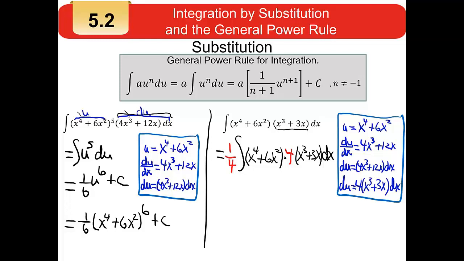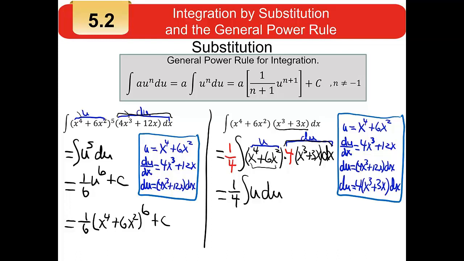But now that you have done it, you can see that you have exactly du right there, and you have u right here. So your integral turns into that 1/4, which is out front, times the integral of u, just u to the first. There's no second power, third power, fourth power, it's just u, times du.